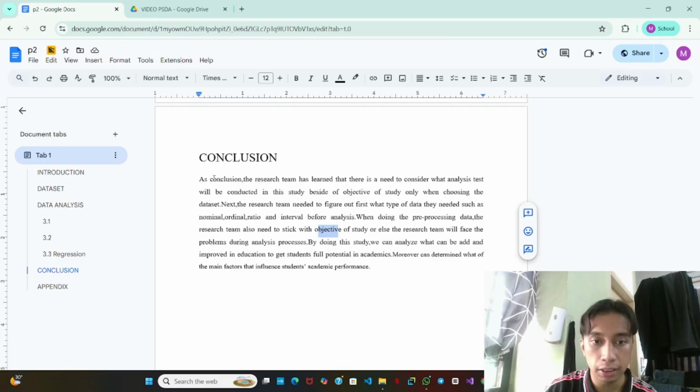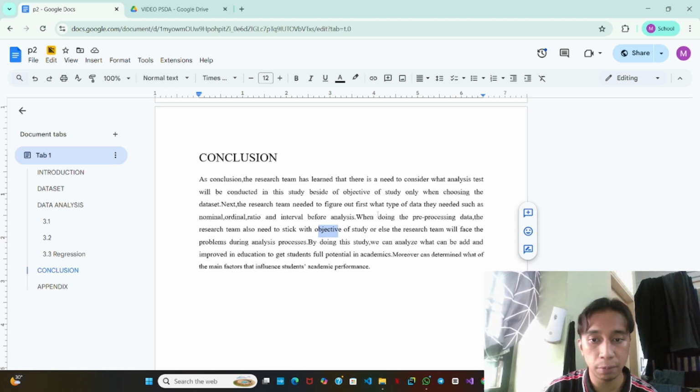Thank you. As a conclusion, the research team has learned that we need to consider what kind of analysis test to use besides the objective of study, because we have two main priorities: the objective of study and what kind of analysis test we need to do. Other than that, we need to determine what type of data it is: nominal, ordinal, ratio, or interval.